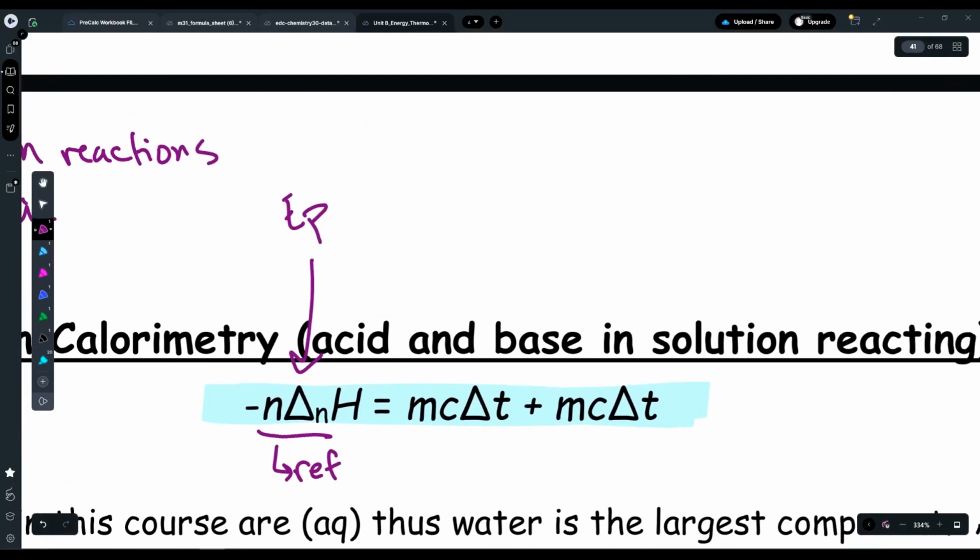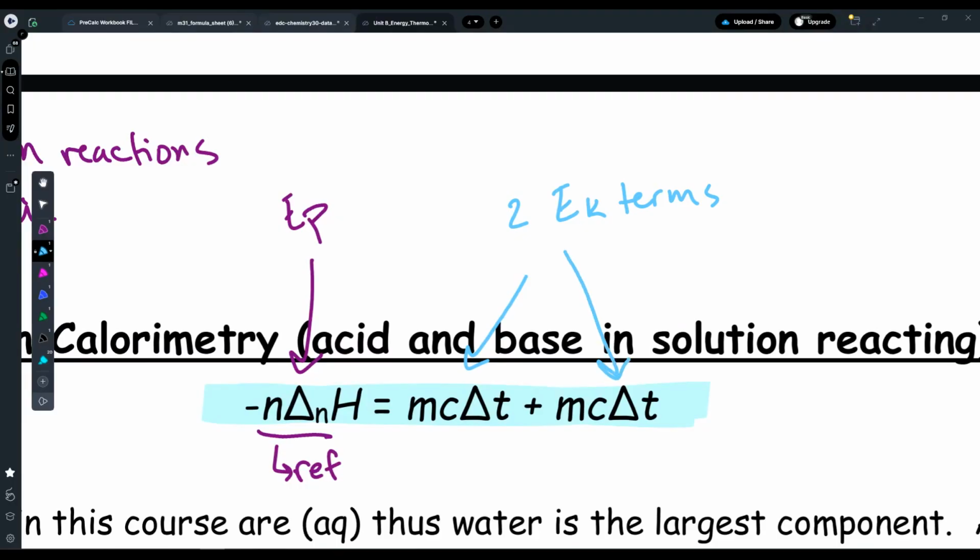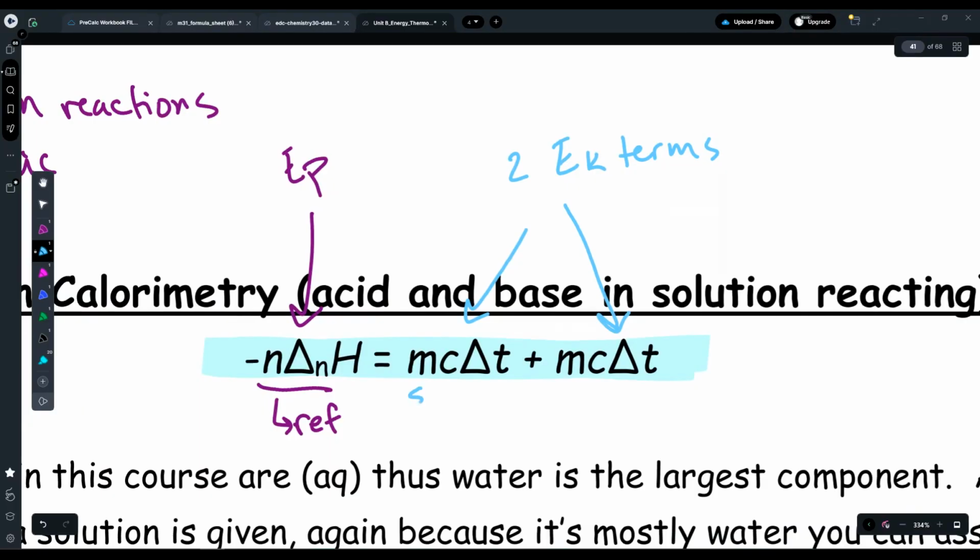And now over here we have two kinetic energy terms. One is going to be your solution 1, which could be your acid or could be your base. Just arbitrarily, I'm going to call this our acid.